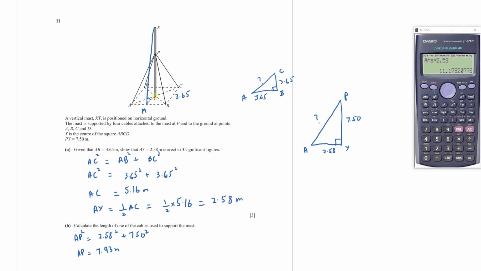So this length, since M is the midpoint, this length MY will be equal to half of 3.65. So 3.65 divided by 2. So this will be your length MY, which is 1.825. And we also know this height of the mast that you calculated in the previous part is 11.2.